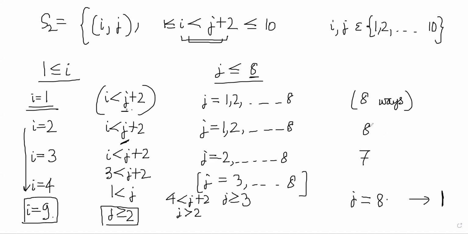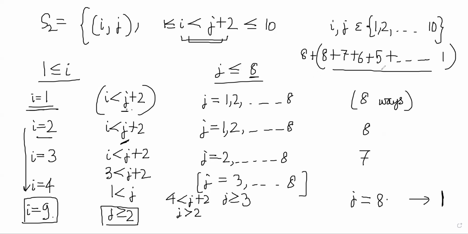So you start off with 8 ways when i is 1, then you have 8 ways for i is 2, and then you have 7 plus 6 plus 5 till when i is 9, j has one way, right? So this is the sequence here. When you add it up, you get basically 44.